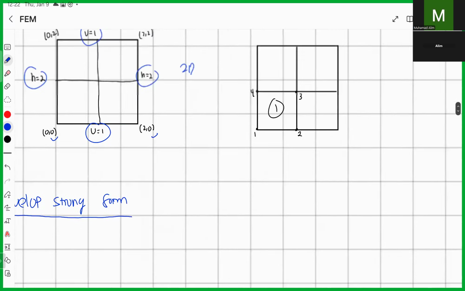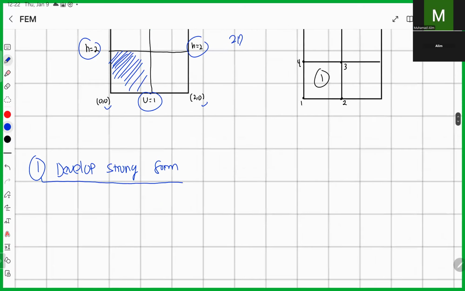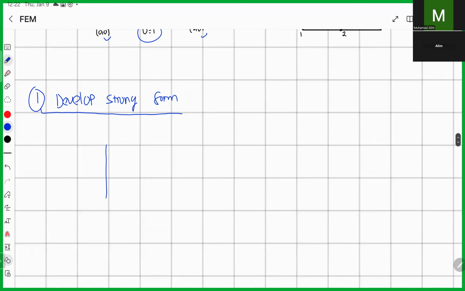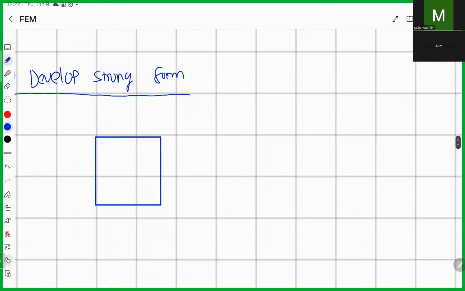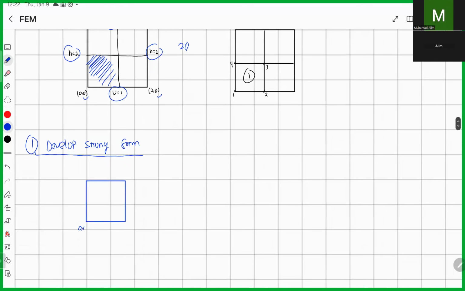Because we want to redefine our domain, this is the domain that we want to solve. Every time you want to solve a new element, meaning we define a sub-element from the entire element, the first thing we have to do is to redefine the strong form. As we know, the coordinate is (0,0), and this is the middle of 0 and 2, so it is (1,0), and this is also the same, (1,1), because the height is 2.